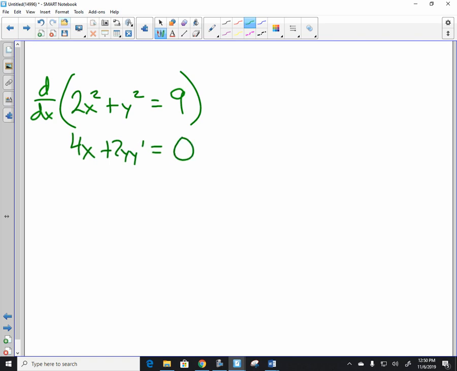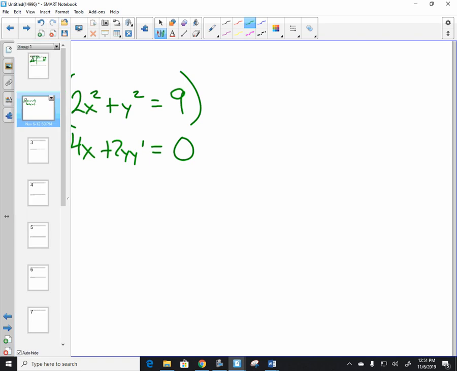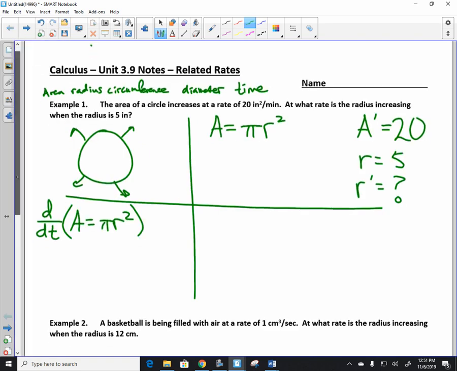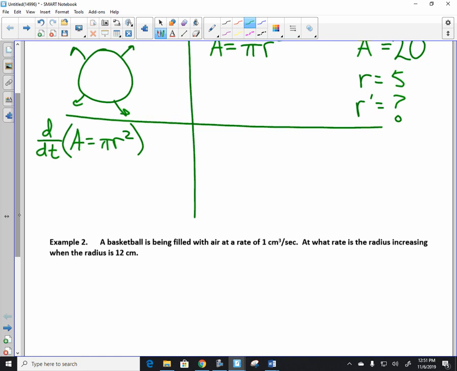So understand that when we were taking the derivative with respect to x, we didn't have to list an x prime. Get that? But when we're taking the derivative of y squared with respect to x, we had to list a y prime. See that? So the same thing's going to happen here. Do you see the variable t pop up in this at all?